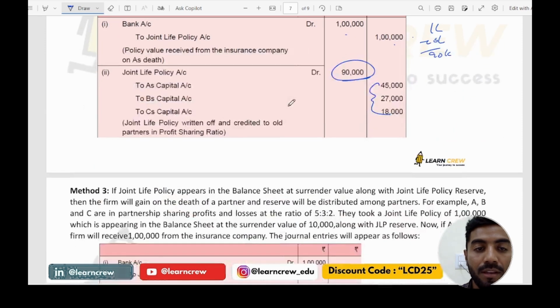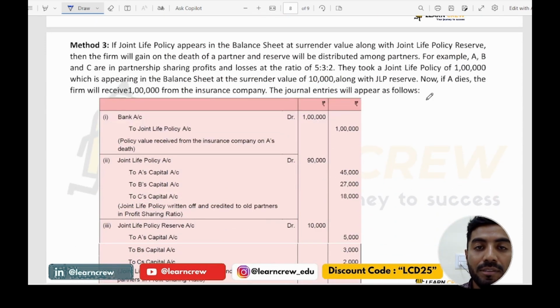Okay, done. If the joint life policy appears in the balance sheet at surrender value, and also the reserves have been maintained. Similarly, we have 1 lakh being received, and 10,000 is the surrender value. So we'll be receiving 1 lakh, that is bank to joint life policy account 1 lakh.